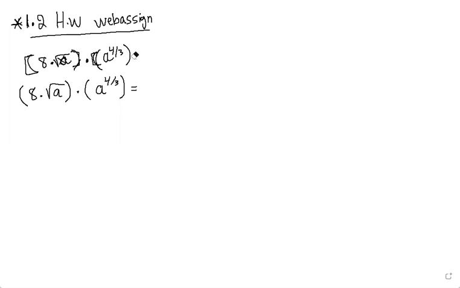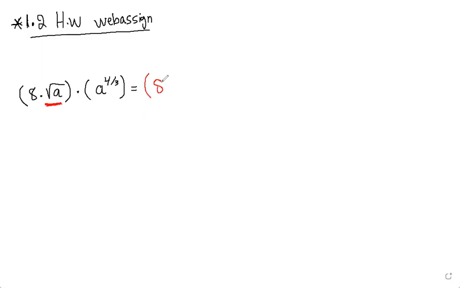How can we solve something like that? Who has an idea? Rewriting the square root of a into exponential form. Exactly. The square root of a, I can write it as a rational exponent.